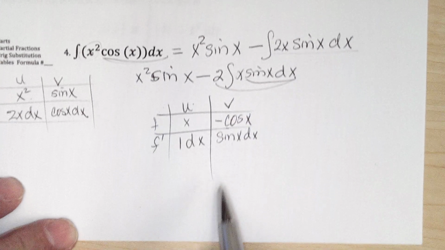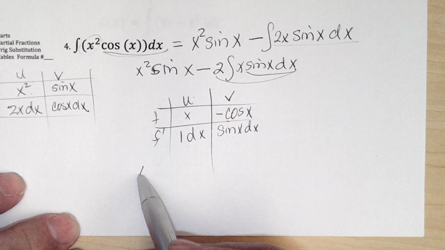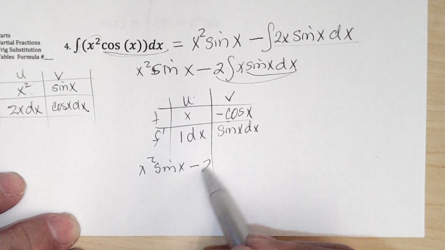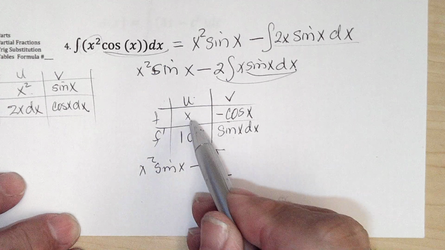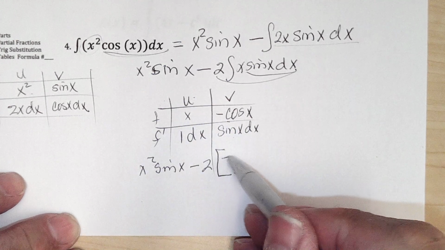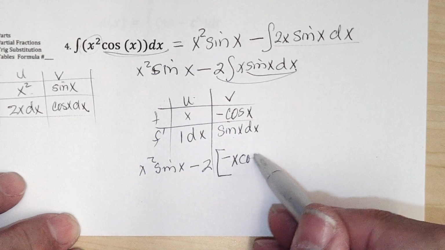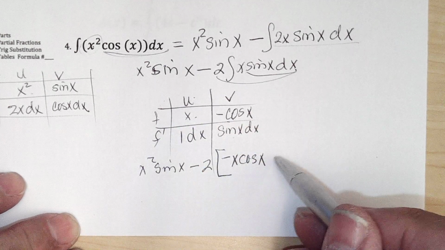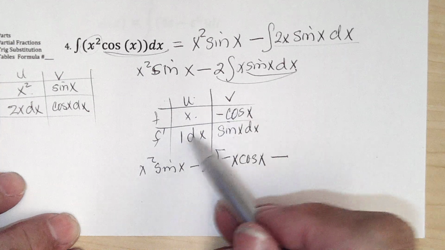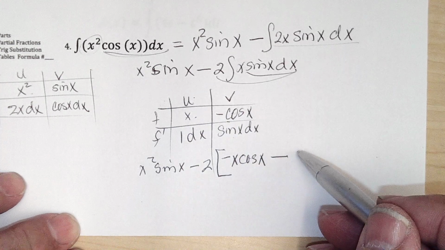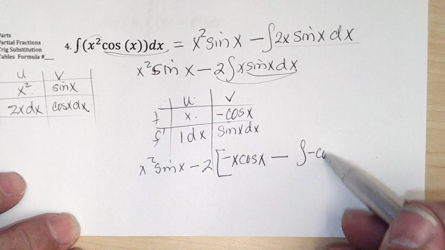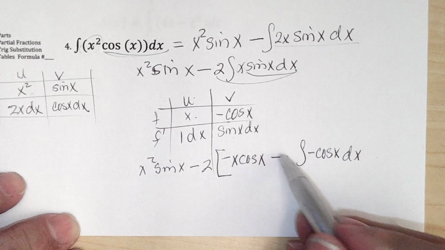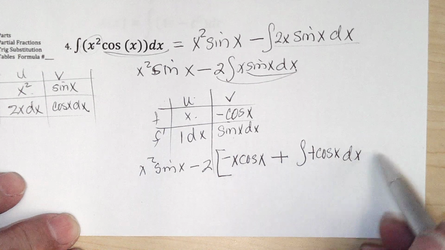So this becomes x squared sine x minus 2 parenthesis uv, so that's minus x cosine x, these two multiplied, minus the integral of these two. So that's the integral of minus cosine x dx. And the minus of minus is plus.